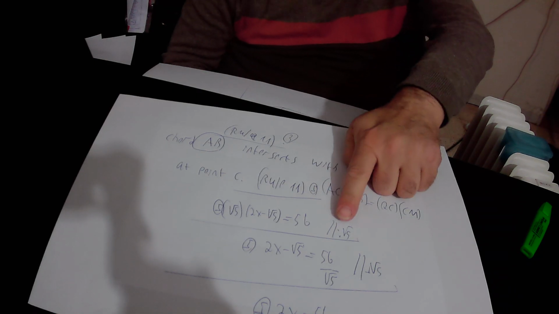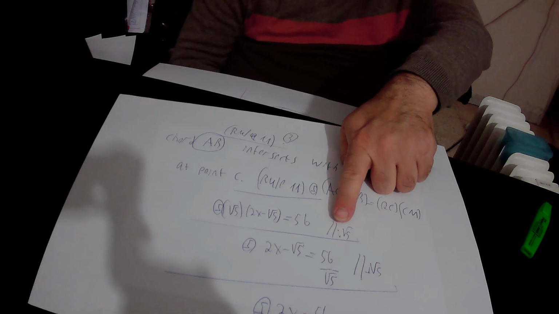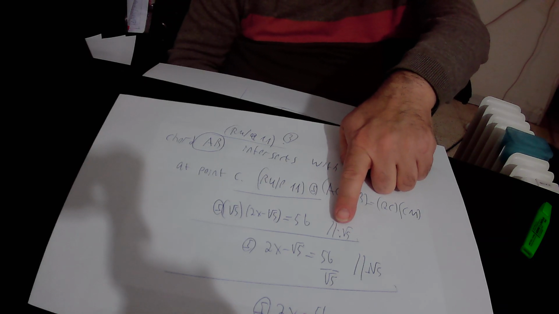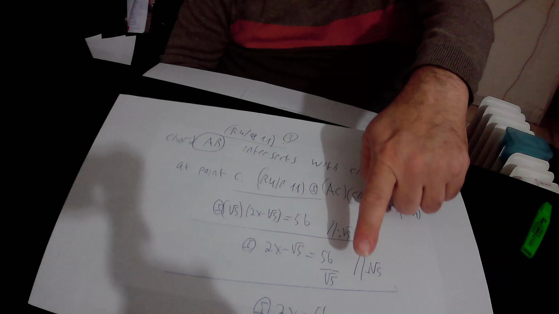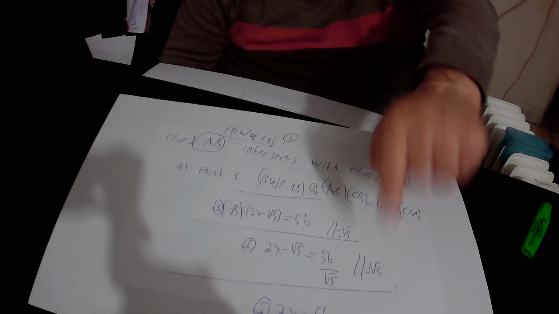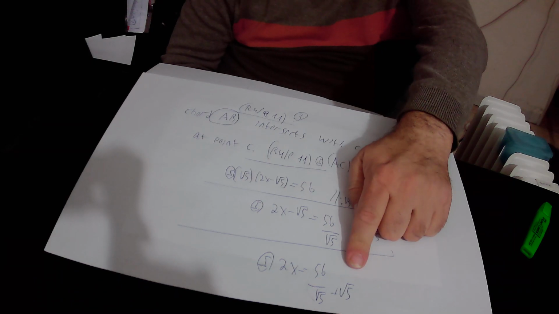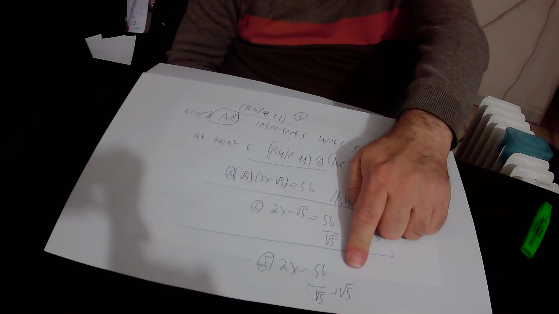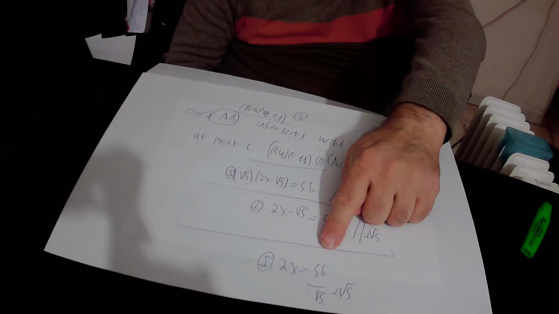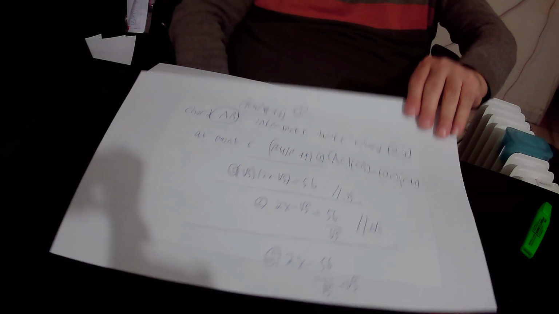Here we added the square root of 5 to this equation, and finally we found out that 2x equals 5b over the square root of 5 plus the square root of 5. Here we multiplied the square root of 5 by 5, and then we divided it by the square root of 5 in order to have a common factor with this expression.